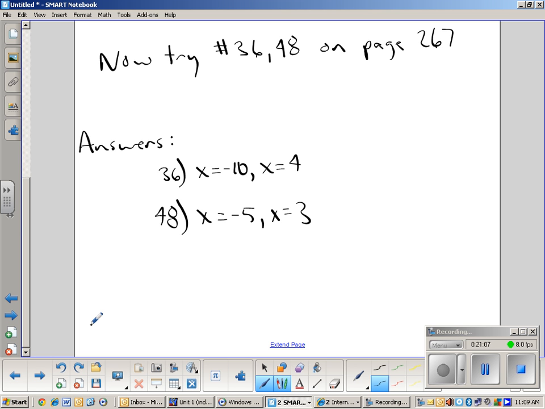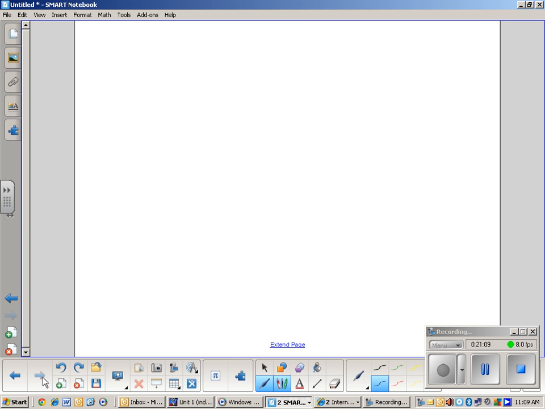Now moving on, solving by square roots. X squared equals 4.